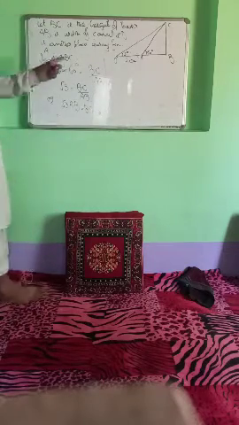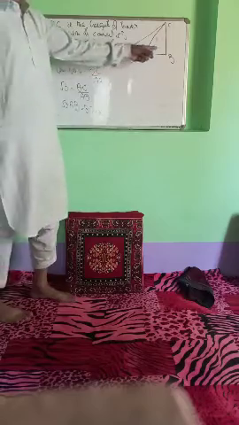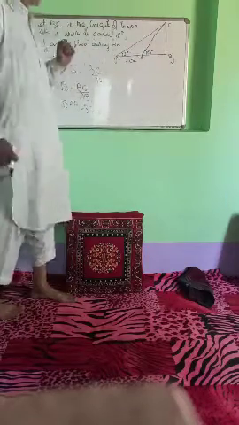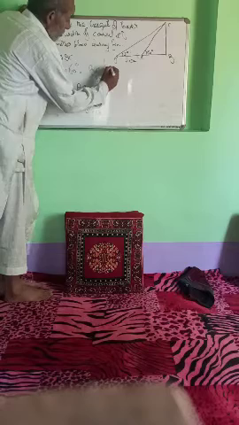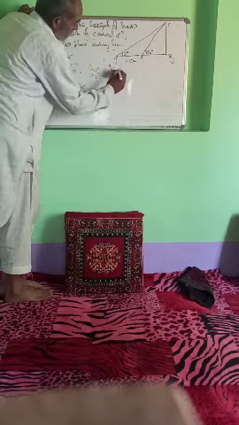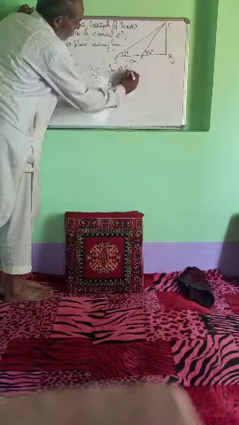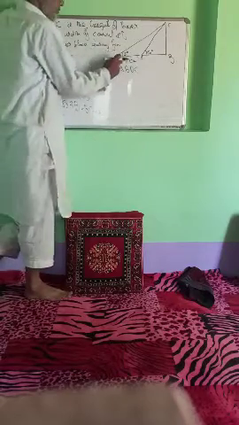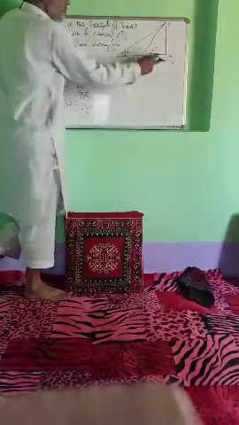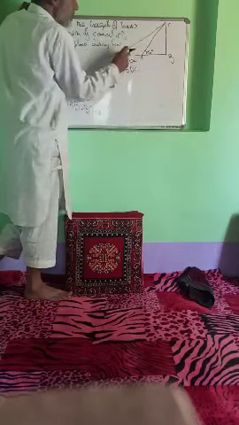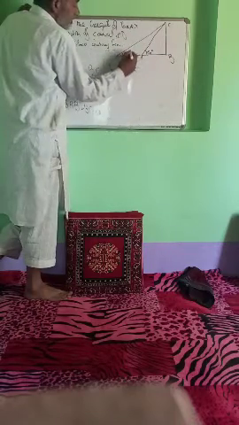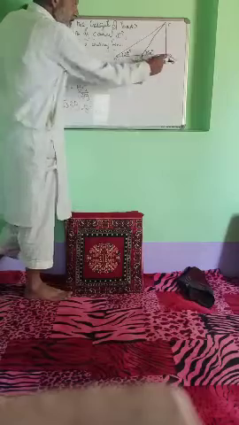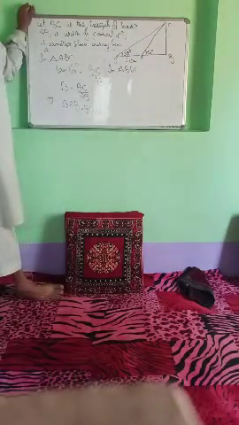We will now take the bigger right angled triangle, that is BDC. In triangle BDC, you see this BC is the side opposite to this 30 degree angle, and BD is the adjacent side to this angle.